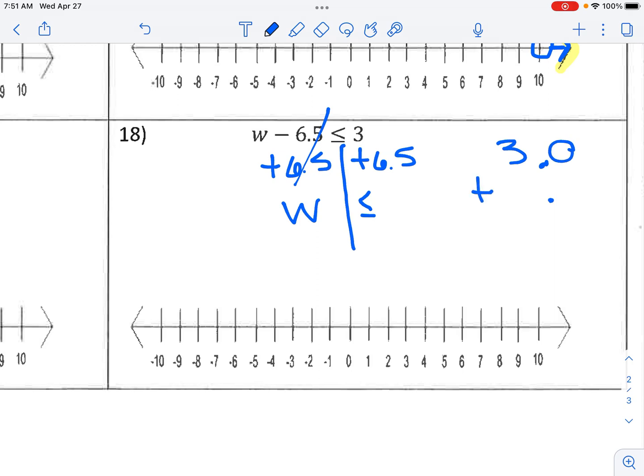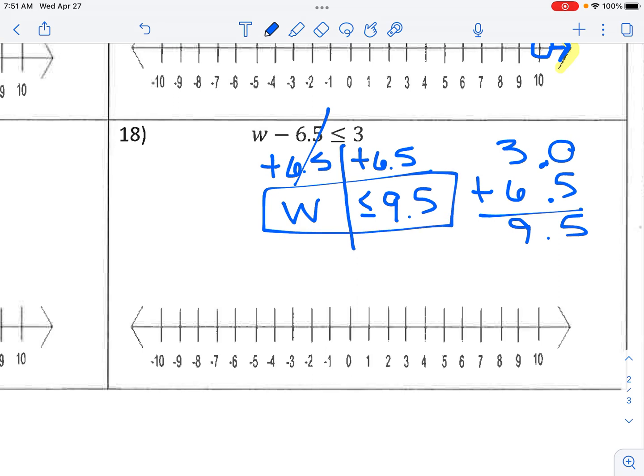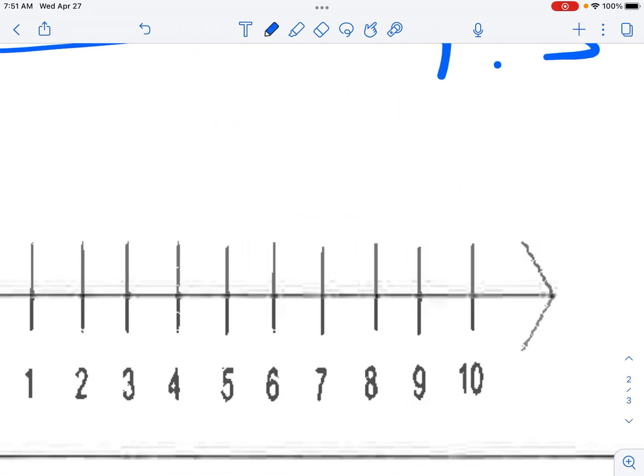I'm going to make that a 3.0 plus 6.5. That's 9.5. W is less than or equal to 9 5/10. So 9 5/10 is going to be halfway between 9 and 10. So I'm going to put a circle halfway between 9 and 10.